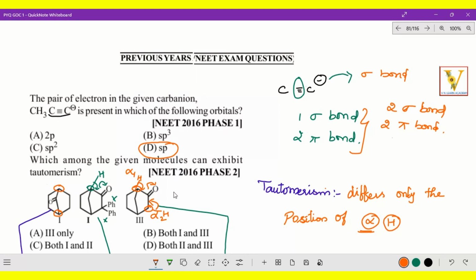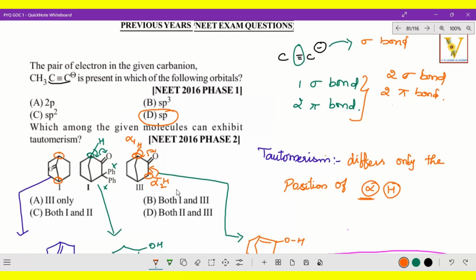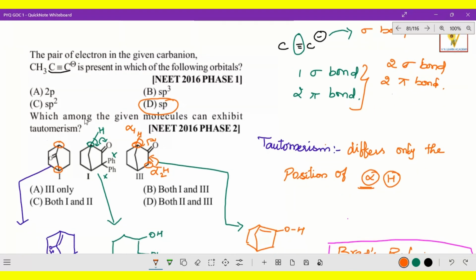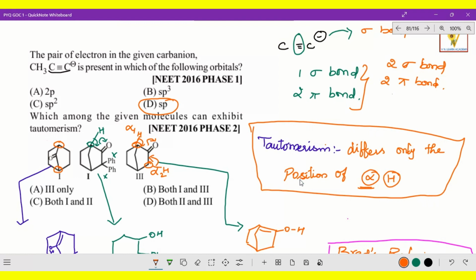The next one is also a tricky question, and it is very simple only. Which among the given molecules can exhibit tautomerism? See, tautomerism you can easily identify in keto-enol tautomerism. The main idea to identify tautomerism is only keto-enol. So now, how do we identify keto-enol tautomerism? For example, CH3 C double bond O CH3.